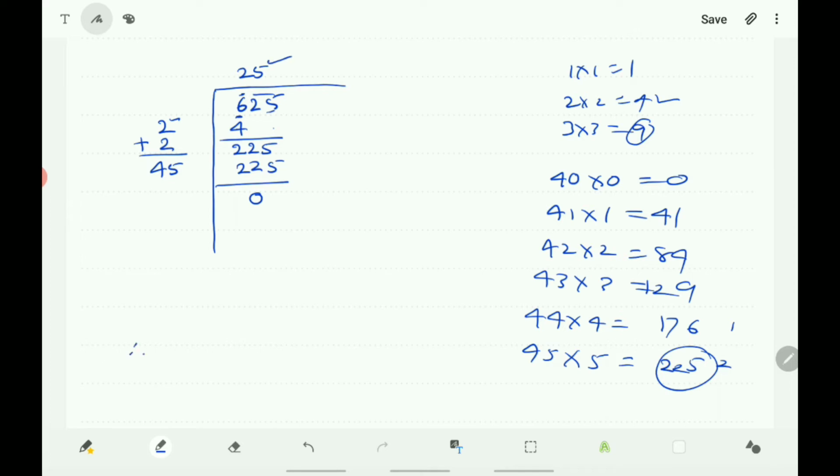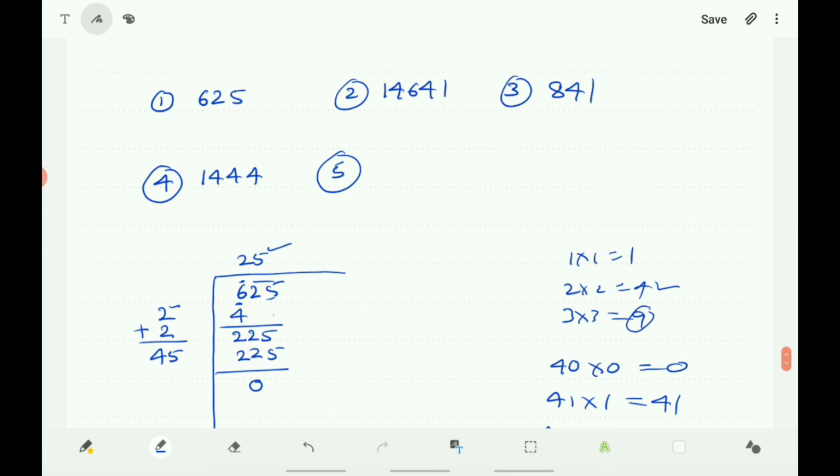Therefore, the square root of 625 is equal to 25. This is the method of finding the square root of a perfect square by division method. You got the exact square root, so you can say it is a rational number. The square root of 625 is a rational number because the value is 25. It is a terminating decimal, so it is a rational number.